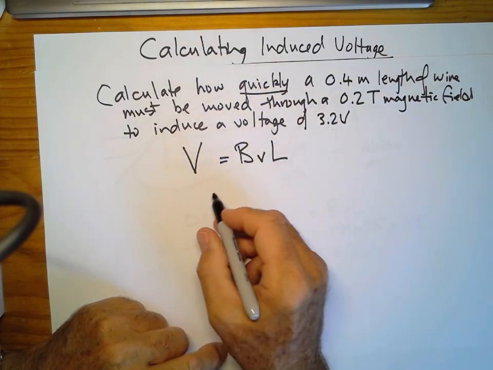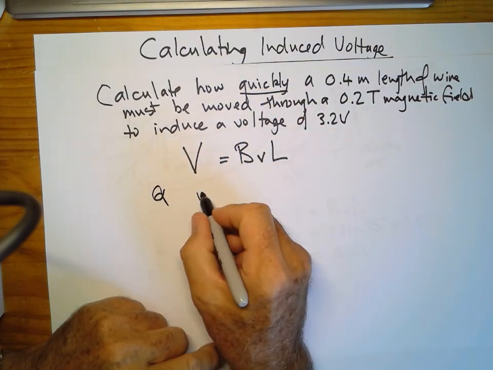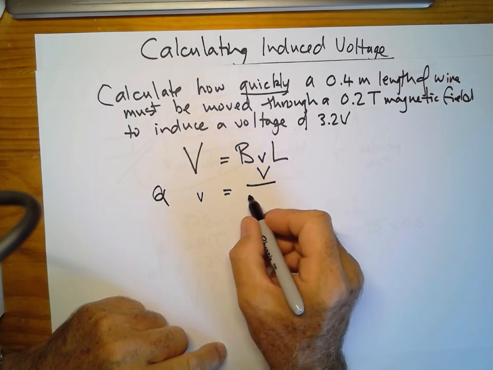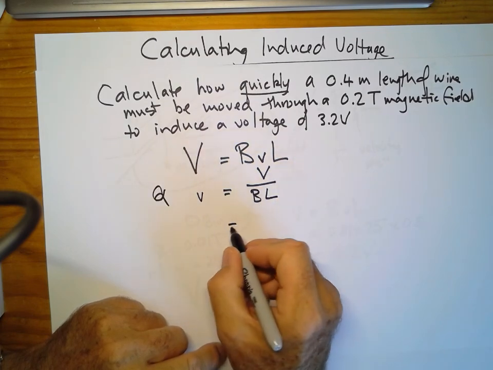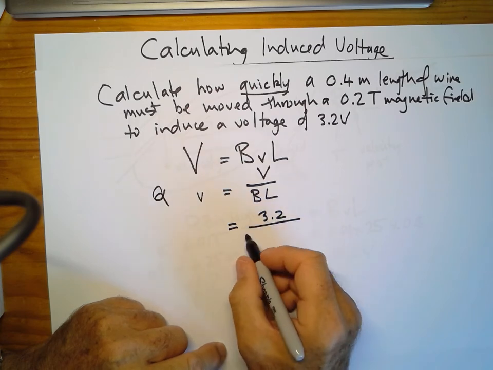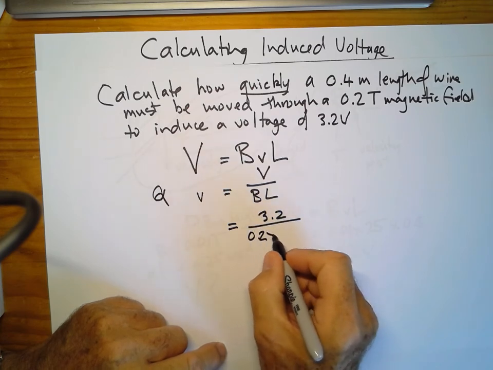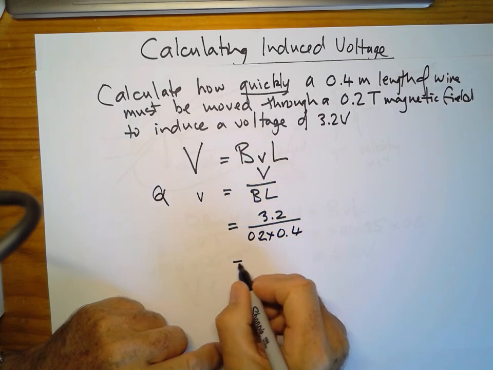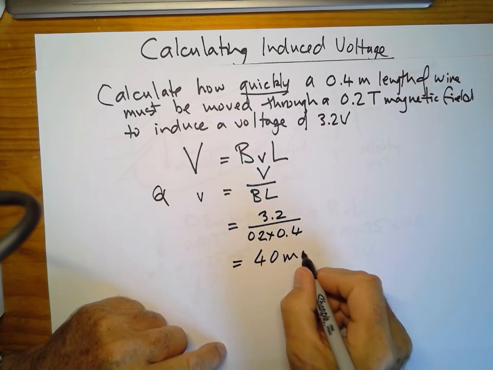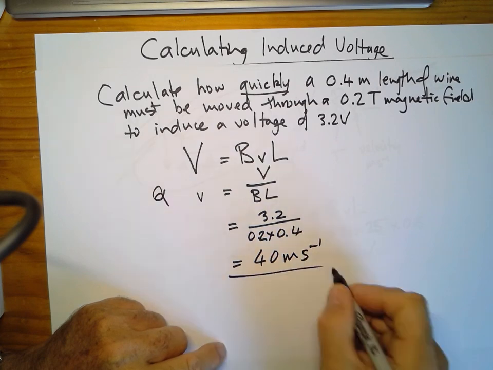So let's rearrange the equation. Velocity is equal to V divided by BL, which equals 3.2 divided by 0.2 times 0.4, which is equal to 40 meters per second. Pretty powerful that, isn't it?